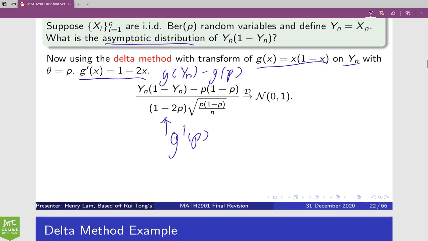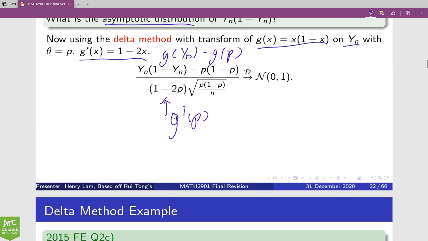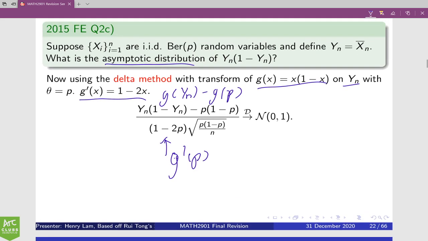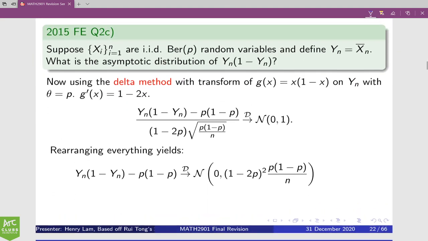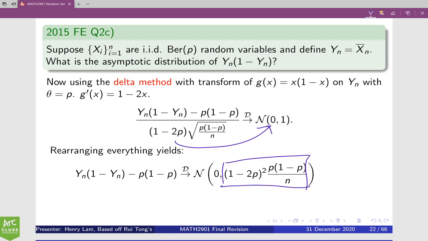Now, since we want a distribution of Y_n times 1 minus Y_n, we should make it the subject, so we can properly find the parameters. And thanks to the properties of normality, you just bring this thing up there. If you were to bring that into the variance term, you just square it.